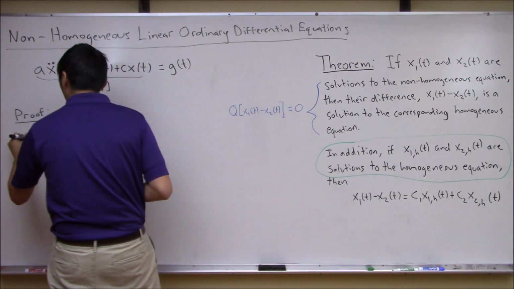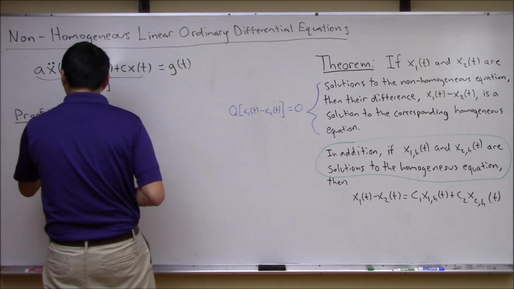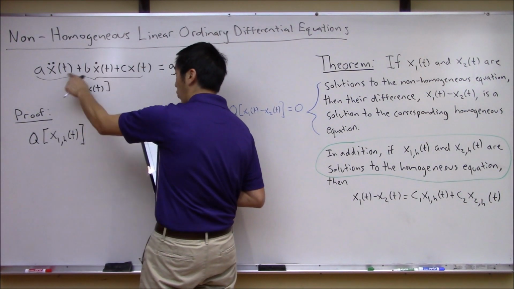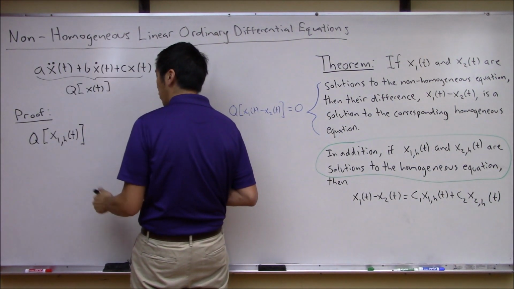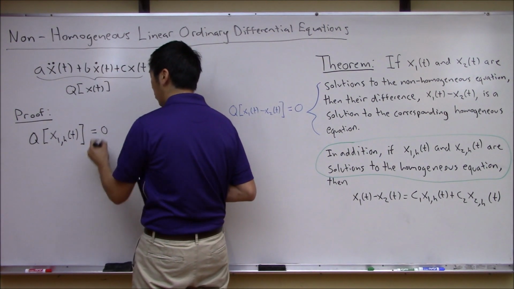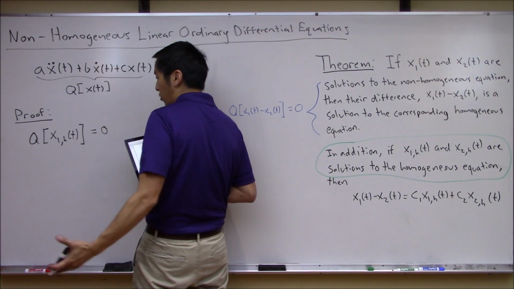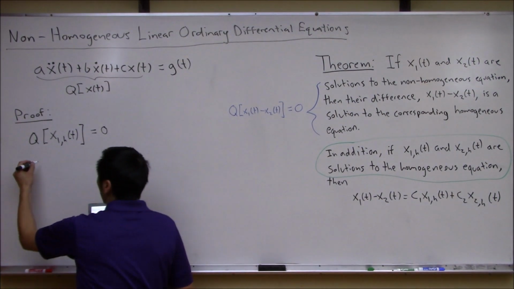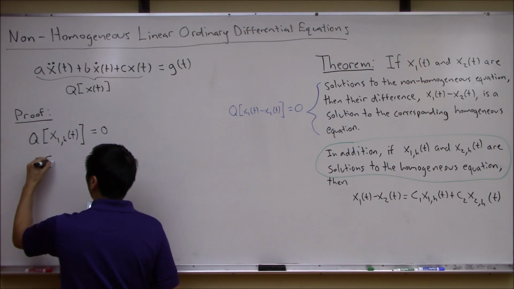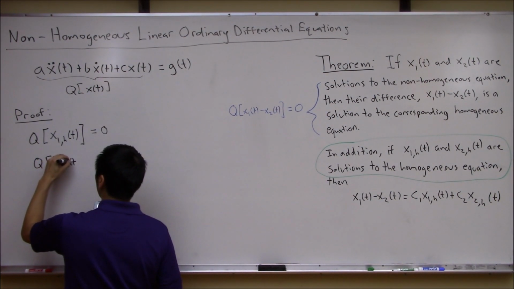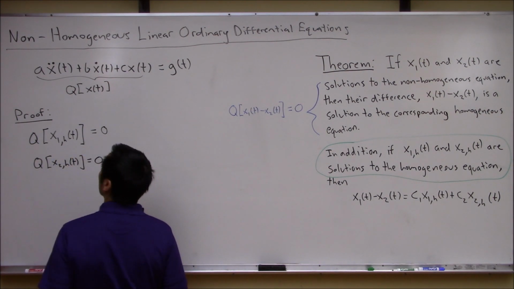In other words, if you take the q operator of that, in my lazy hand speak, you better get a big fat 0. That's what it means. And then, similarly, q of x2h of t is also 0.